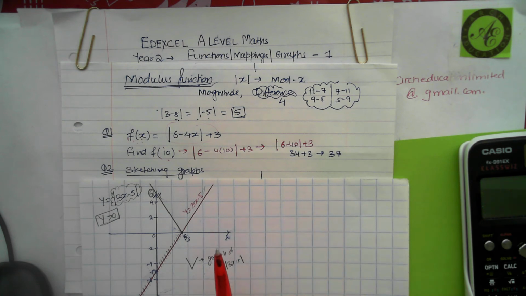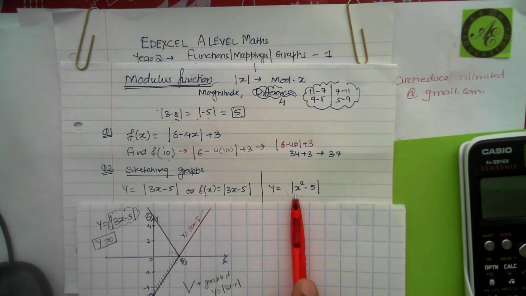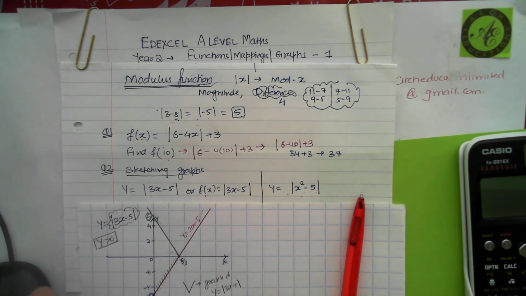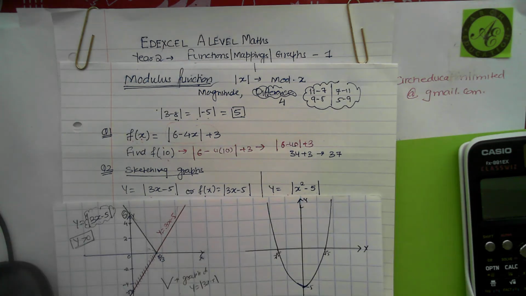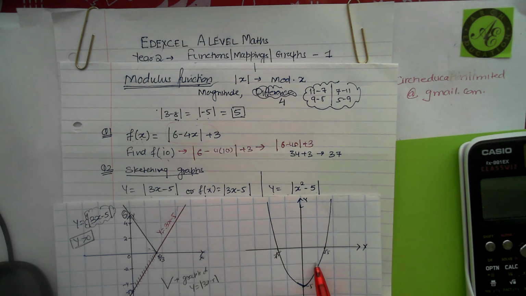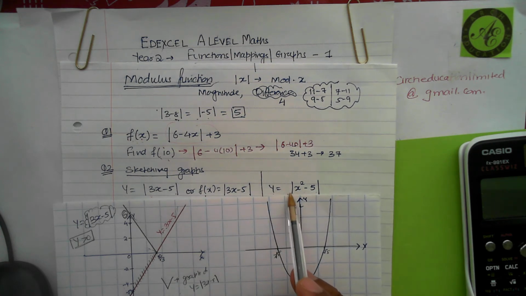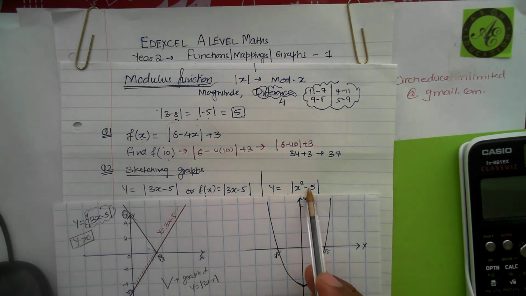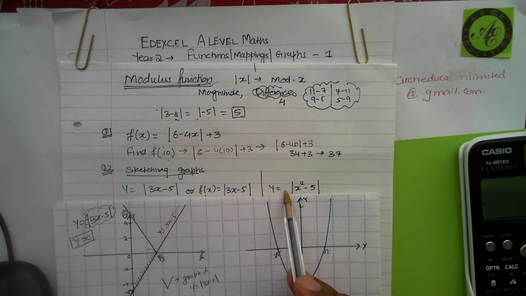Alright guys, can you similarly do the second one, y equals x squared minus 5, and we'll go over that in a minute. Okay, here you are. This is the graph of y equals x squared minus 5. It's just the x squared graph transformed 5 units down. Now we need to figure out the graph for y equals modulus of x squared minus 5. Same definition: the output coming out of this modulus cannot be negative.